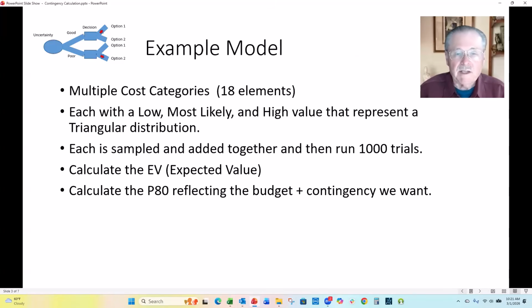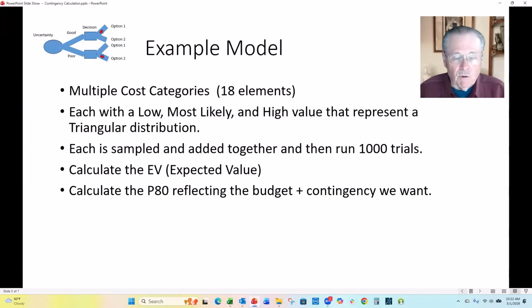So we're going to look at an example model that has multiple cost categories. Actually, it's got 18 categories, 18 elements. Each has a low, most likely and high value that represents a triangular distribution. This is quite often a way that the cost estimates are put together because subject matter experts can oftentimes relate to those words, okay?